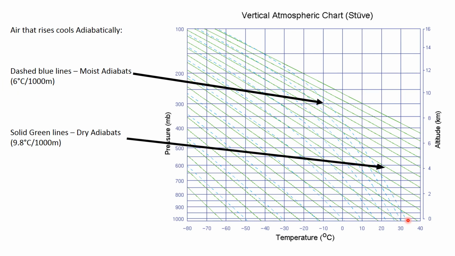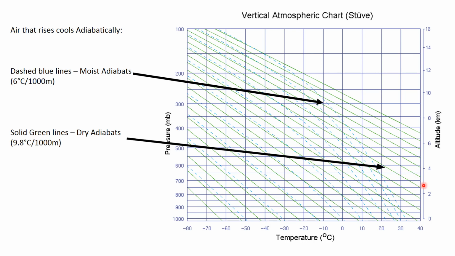Now, before air becomes moist, becomes saturated, it cools at a different rate called the dry adiabatic lapse rate. And we can follow that using these green lines called dry adiabats. So these are called dry adiabats, these solid green lines.